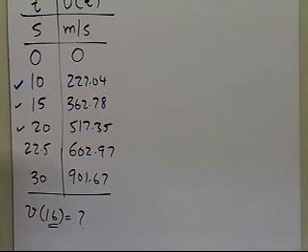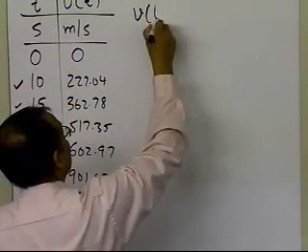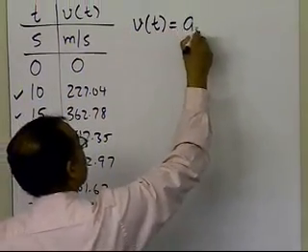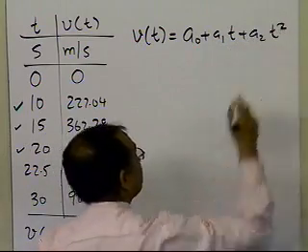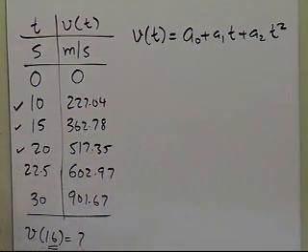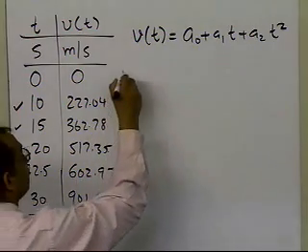So let's go and see what I'm going to do. I'm going to choose the velocity expression to be a0 plus a1t plus a2t squared. That's what I'm going to choose. And now what I need to do is substitute the values of velocity at 10, 15, and 20 to set up my 3 equations, 3 unknowns.